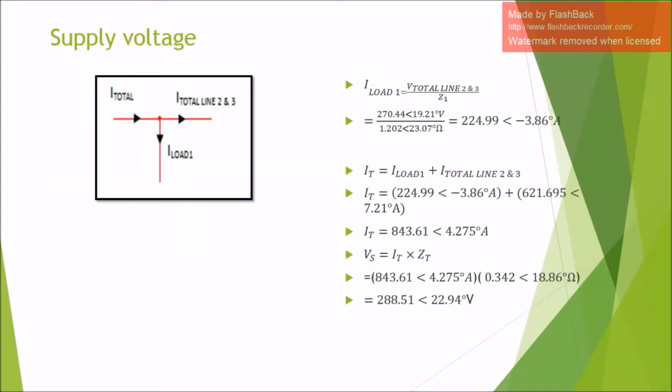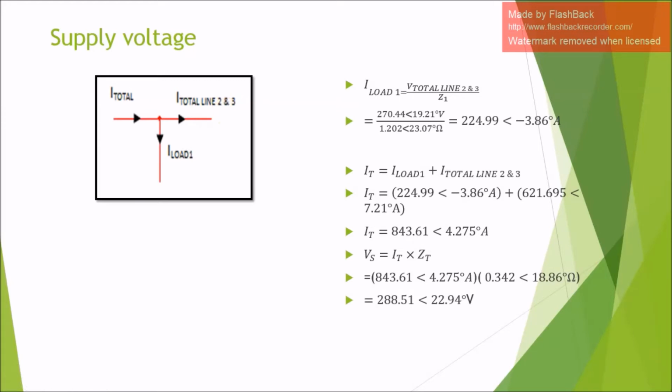So for AC main supply voltage, we can use Ohm's law and we have to understand KCL. So for current total, we can analyze by adding I load 1 and I load 2 and 3, since I in is equal to I out. So in this case, I total is equal to I total line 2 and 3 plus I load 1.